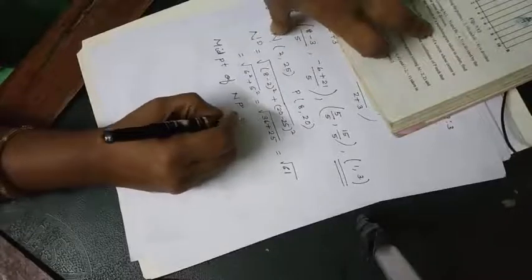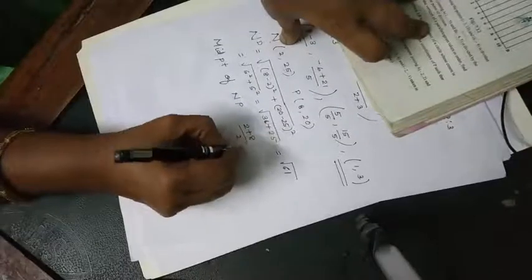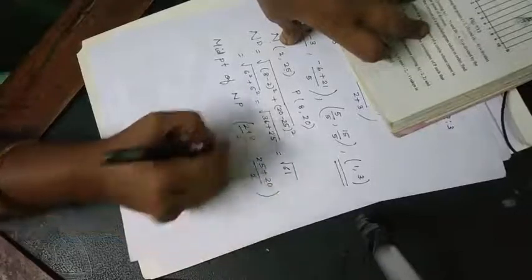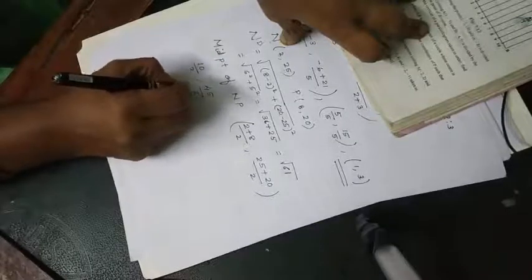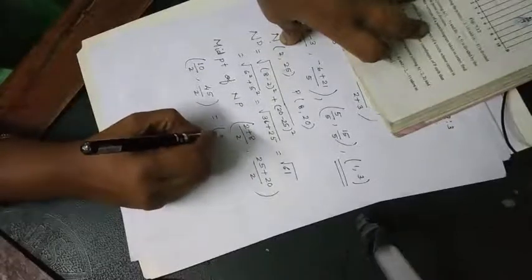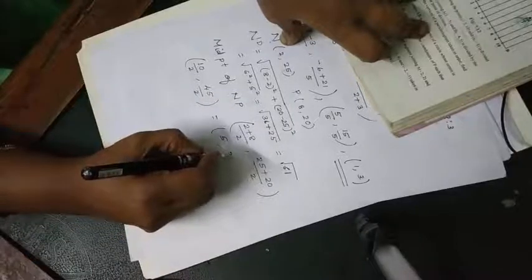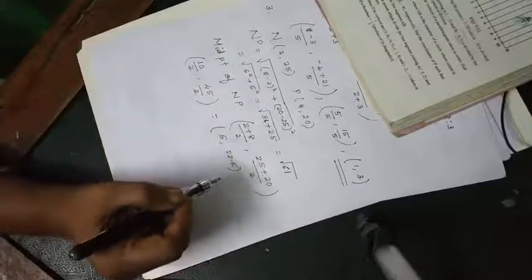That is x1 plus x2 divided by 2, so 2 plus 8 divided by 2, and 25 plus 20 divided by 2. 2 plus 8, that is 10 divided by 2, and 45 divided by 2. 10 divided by 2 is equal to 5. Then 45 divided by 2, 22.5 you can take. So you will get the midpoint of NP, that is (5, 22.5).